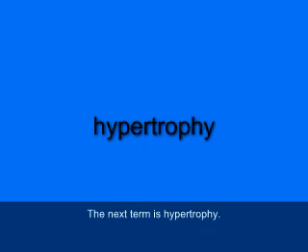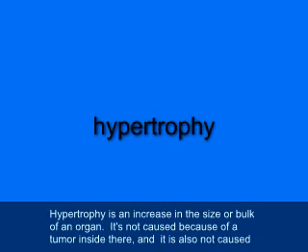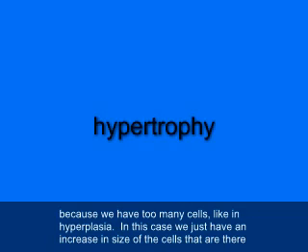Next term is hypertrophy. Hypertrophy is an increase in the size or bulk of an organ. It's not caused because there's a tumor inside there. It's also not caused because we've got too many cells, like in hyperplasia.